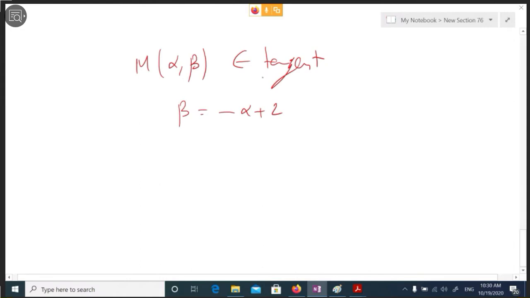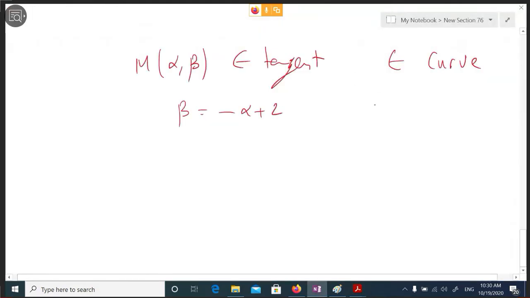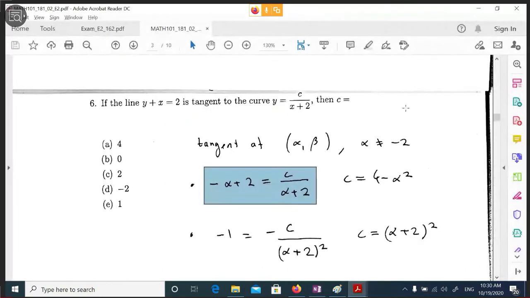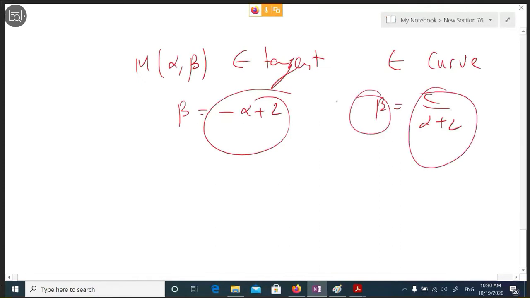This is because it belongs to the tangent. Also, it belongs to the curve, so I have beta is c over alpha plus 2. Then you make this one equal to this one because both of them equal beta. Is that clear? Yes.